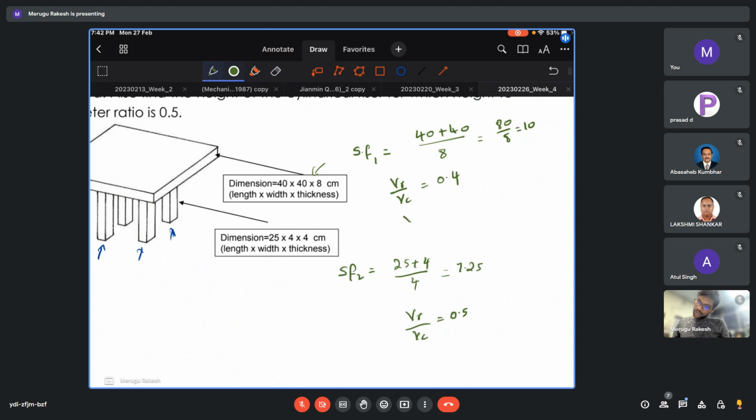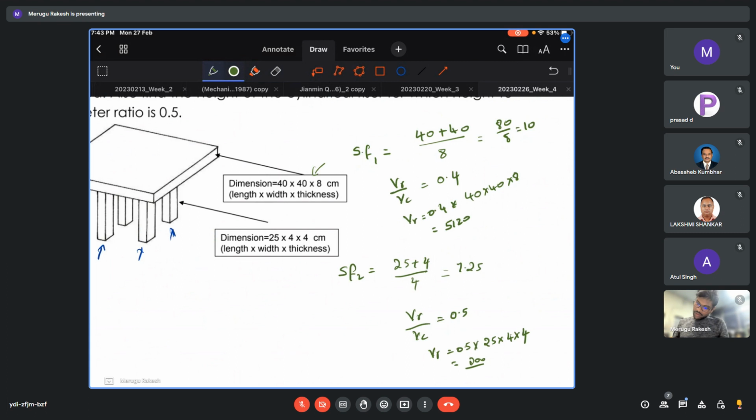So in this case, volume of the riser is nothing but 0.4 into, see this dimension, 40 into 40 into 8. So we'll get 5120. Similarly, here also the volume of the riser is 0.5 times 25 into 4 into 4. So we end up getting 200.